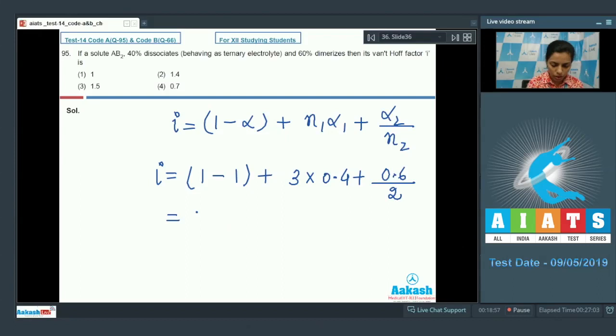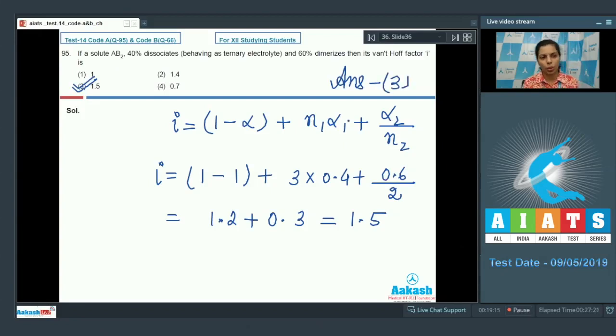Let's solve this. It becomes 1 minus 1, 0 it becomes. Further, it is 1.2 plus 0.3. That is equal to 1.5. So i value is 1.5 in this case. That's given in option 3. Just choose that option as your correct option.